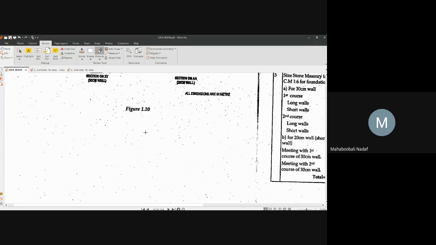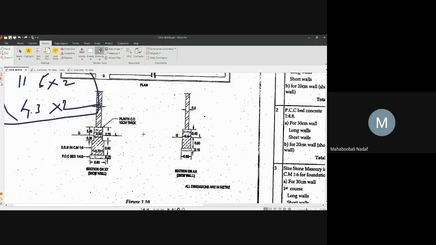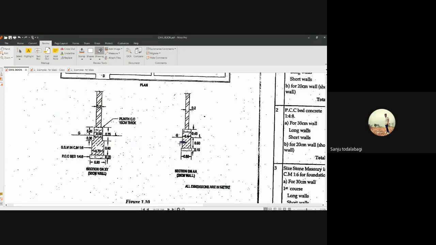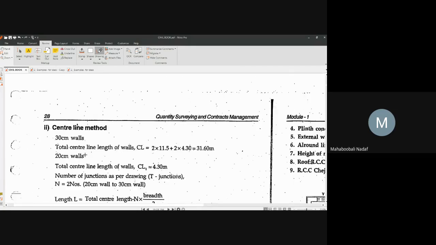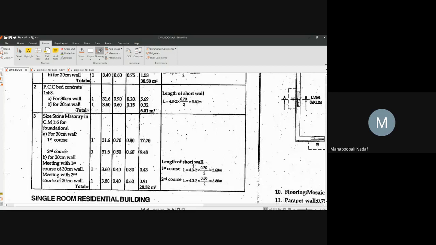Now coming to this diagram. This is the first course. At this depth, what is the width of this excavation? 0.7, sir. Very good. For second footing, what is the depth of this excavation? 0.5, sir. 0.7 and 0.5, you should write it as minus n b by 2.